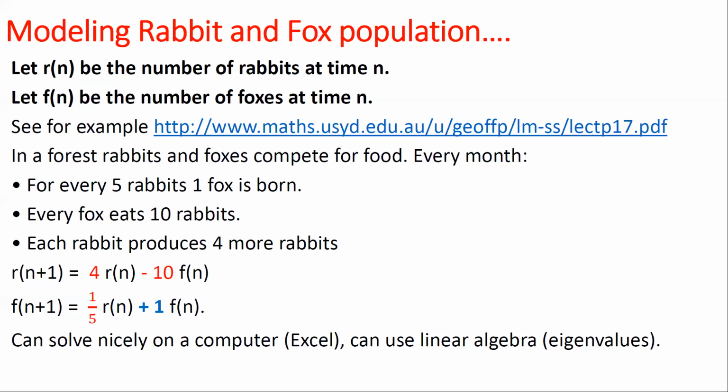If you know linear algebra, it's a nice formal way to do the calculations. Over here, it's a little more complicated because we do have 2 variables, R and F, but they're evaluated at different times: one at time n, one at time n+1. So any thoughts as to how we could solve this? Or if you can't see how to solve it, how could we start to make something simpler to study?